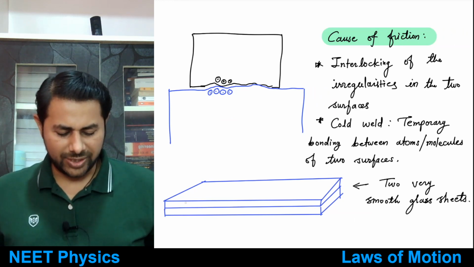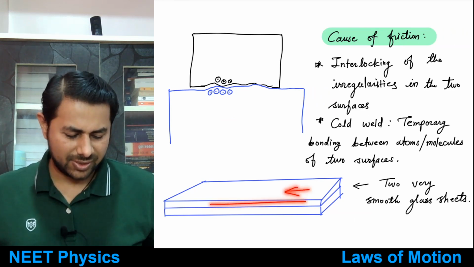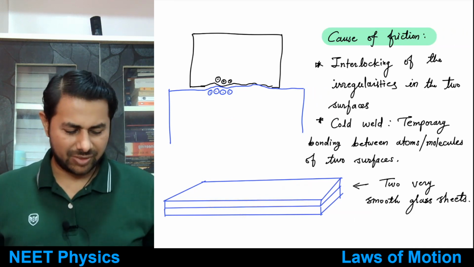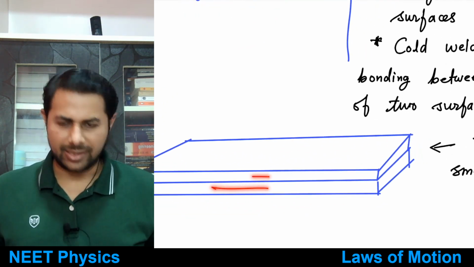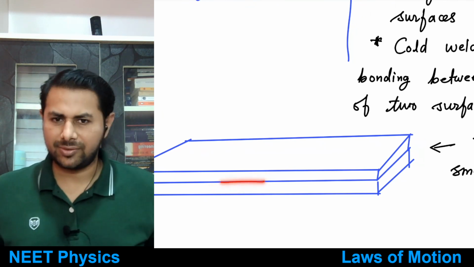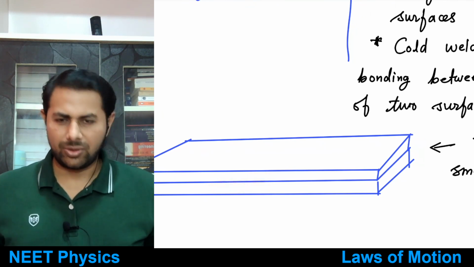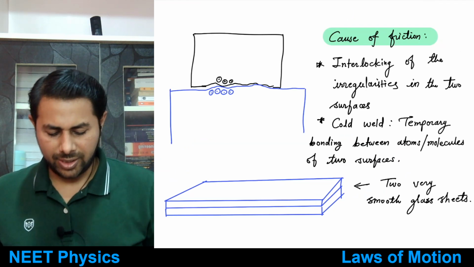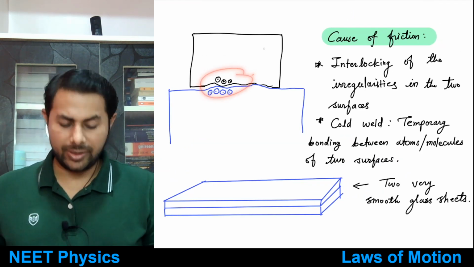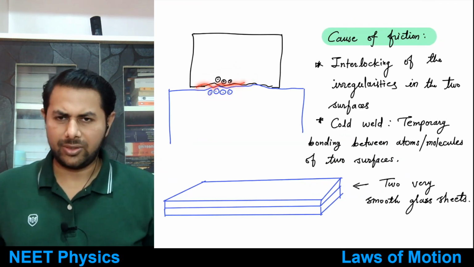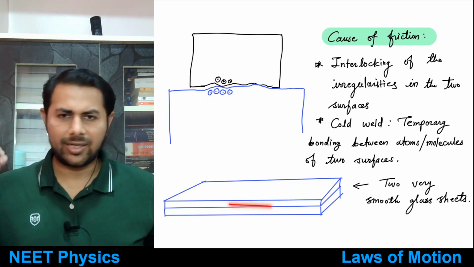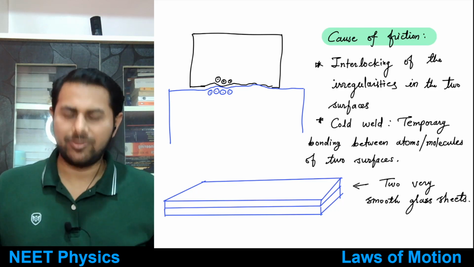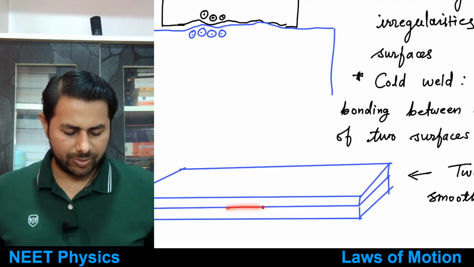Then suppose, for example, you take two glass sheets, which are very smooth, and you keep them on top of each other like this. These are two glass sheets. So now what do you think? Here there was friction because of what? Irregularities. The two surfaces were rough. Now the two surfaces are not at all rough, they are perfectly smooth. Now what will happen to the friction?